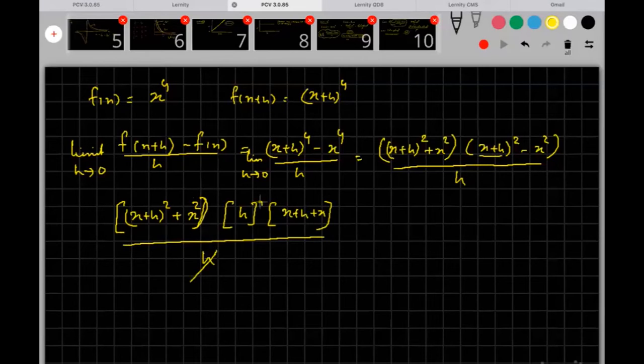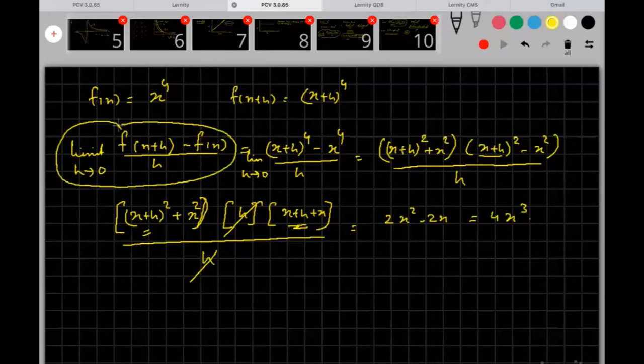Now this h and this h will get cancelled. Now h is very small, so I can write this as 2x square into 2x. That will make it 4x cubed. So if I perform this operation on this, I get 4x cubed.